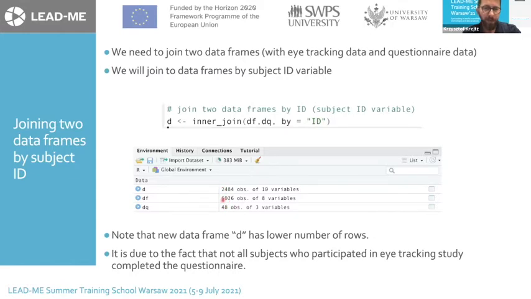Look at this: DF has more than 6,000 observations, and DQ has 48 observations. Because in the DQ, the questionnaire data, one row is one person. So in one row, I presented the answers of one person.